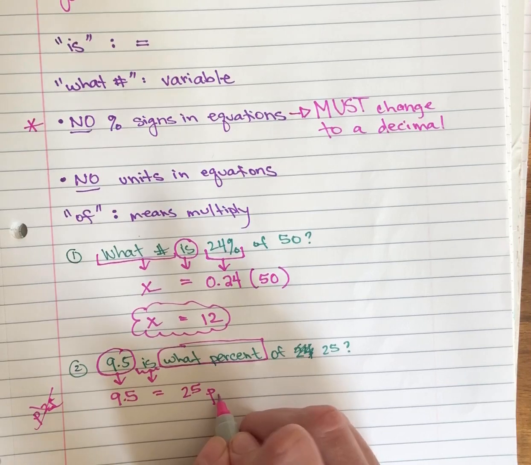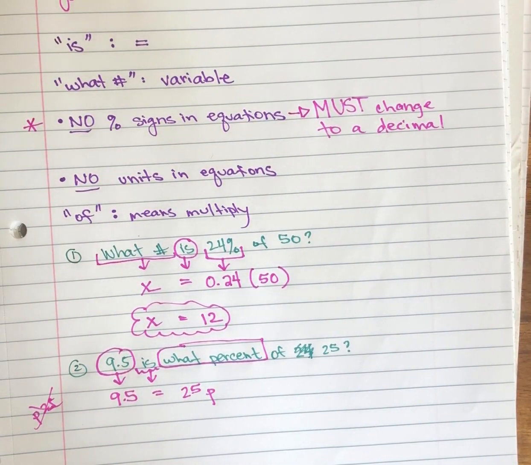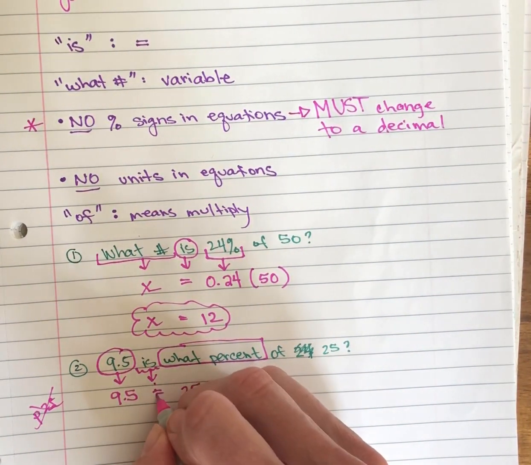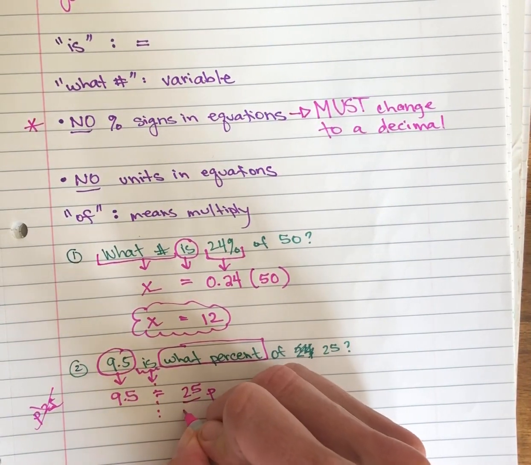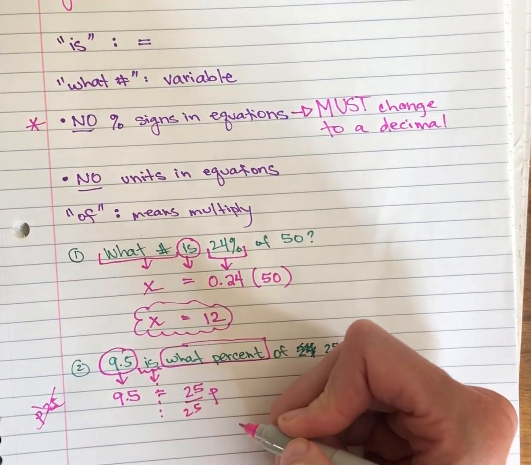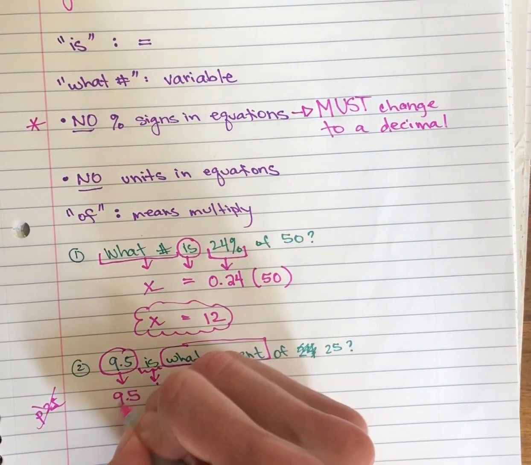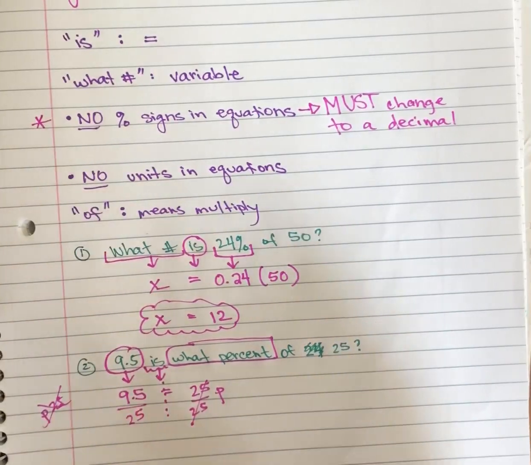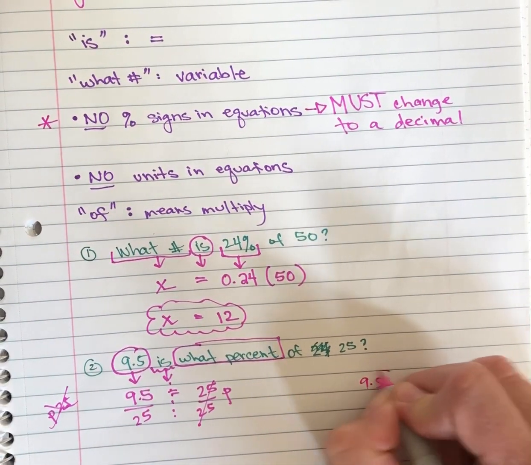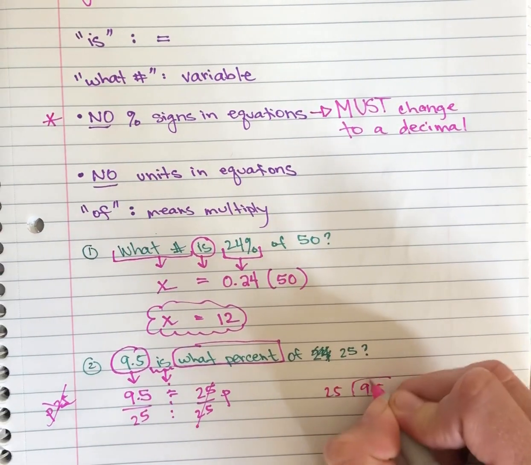Coefficient first, then your variable, okay? Then in order to solve, the opposite of multiplying by 25 is dividing. So we divide by 25, divide by 25. Okay, yes, you do have to divide 9.5 by 25, okay?